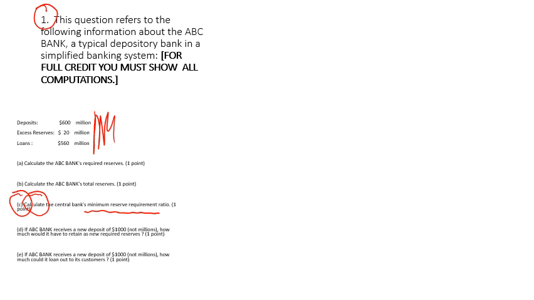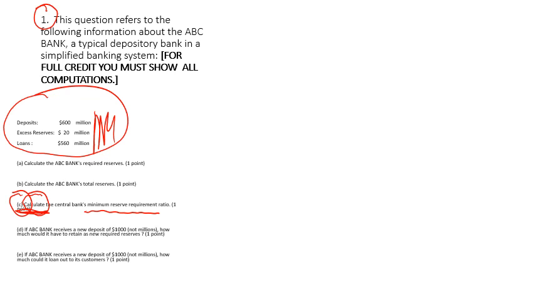I'm only reinforcing this because a lot of you said that the minimum reserve requirement ratio is 5%, that it's a given and it's true throughout. Well, that's not the gist of the question. The question is, given this information here, calculate the central bank's minimum reserve requirement ratio.